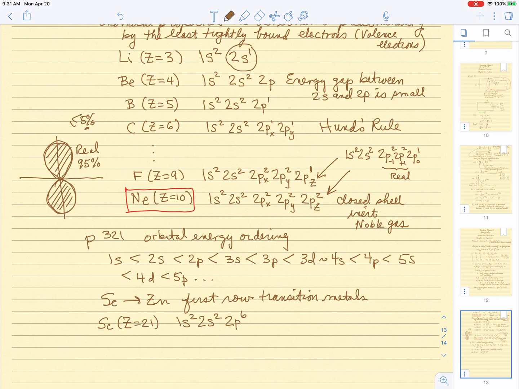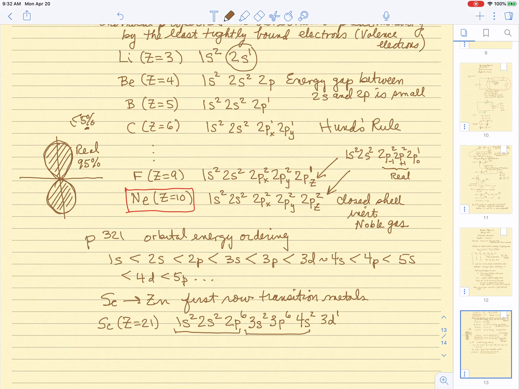Okay, so back to scandium. After 2p6, it's going to be 3s2, 3p6. Then one would fill the 4s orbital, and then you would have 10, 20, and 21, 3d1.